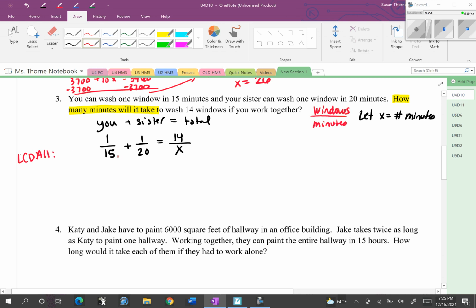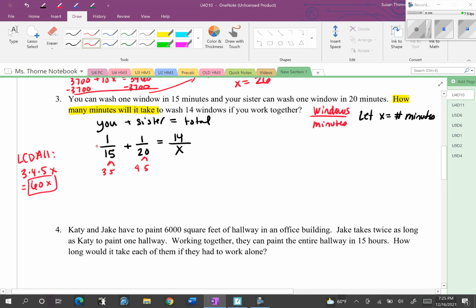We have 15, which breaks down into 3 times 5, 20, which breaks down into 4 times 5, and x. So the LCD would be 3 times 4 times 5 times x, which is equal to 60x.